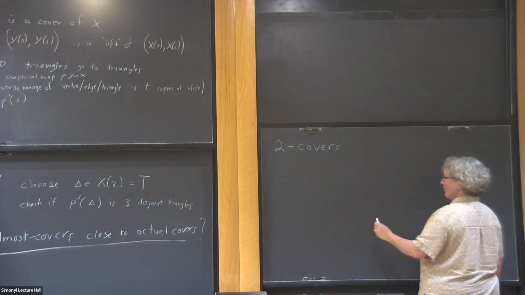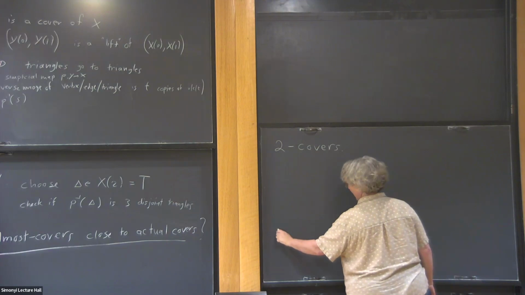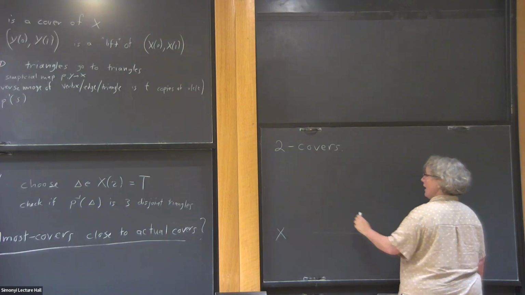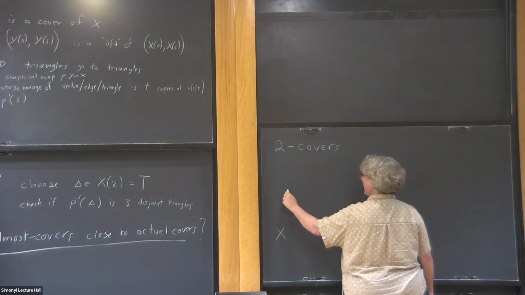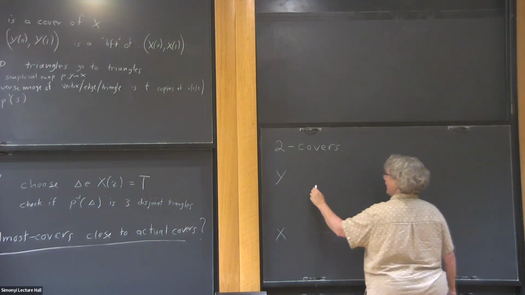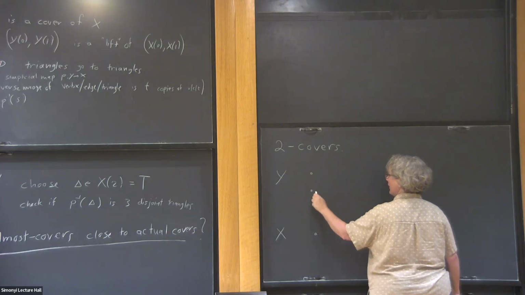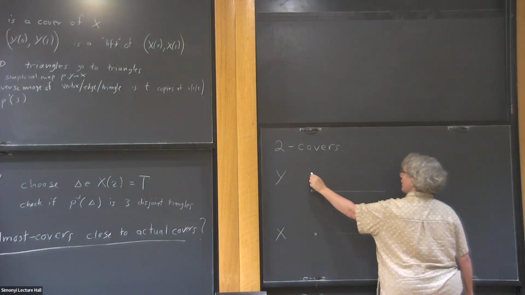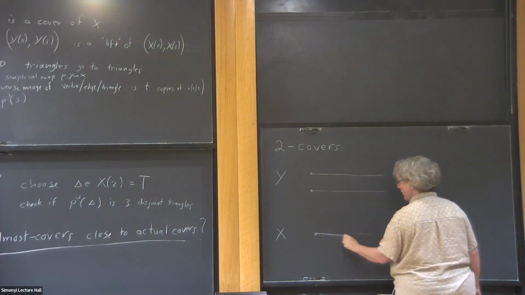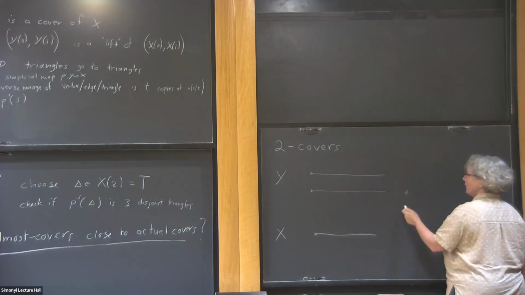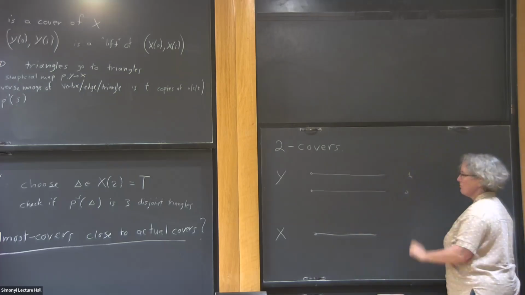I can think of the following thing. Here's my X, with vertices and edges and so on. And here's my two cover Y, and for every vertex here, I have two copies. So I can just draw the vertices of Y as two copies of the vertex set X. One of them is the 0 copy and one of them is the 1 copy.